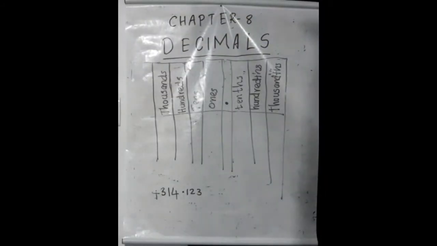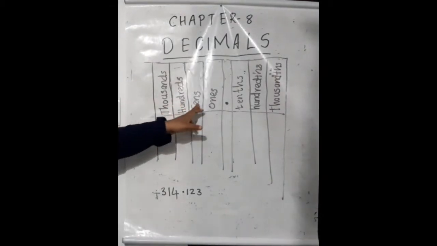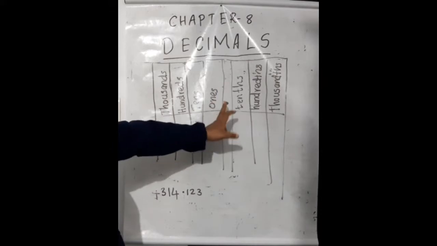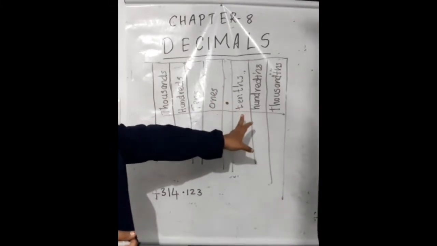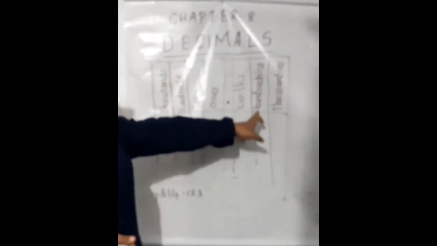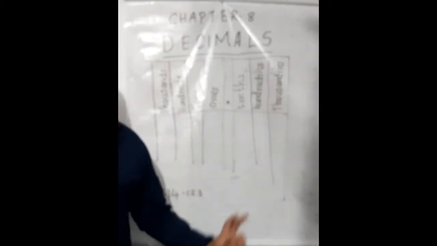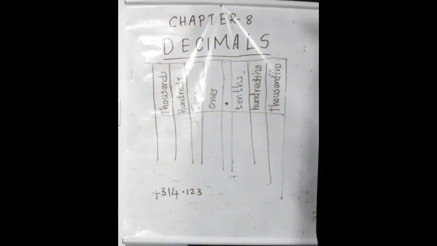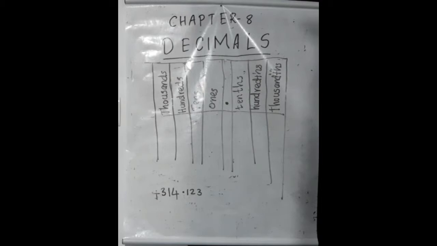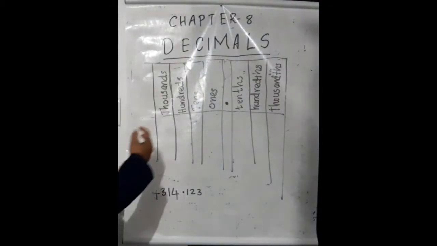In this place value chart of decimals, we have thousands, hundreds, tens, ones, then after ones, we have tenths, hundredths, thousandths. So we have to go through this. So how will we represent thousand?